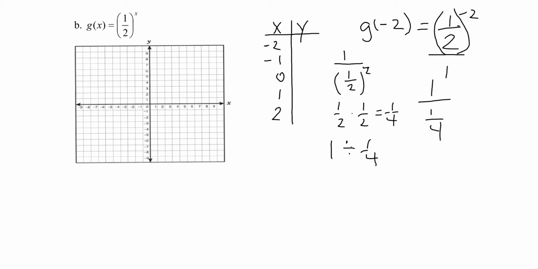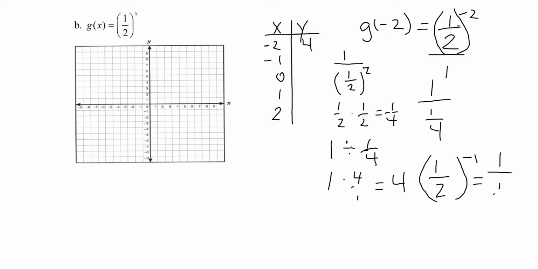And when we divide fractions, we multiply by the reciprocal, so it's going to become 1 times 4 over 1, or equal 4. Next we have 1/2 to the -1st power. When we do that one, we will get 1 over 1/2, or 1 divided by 1/2, which equals 1 times 2 over 1, or 2.